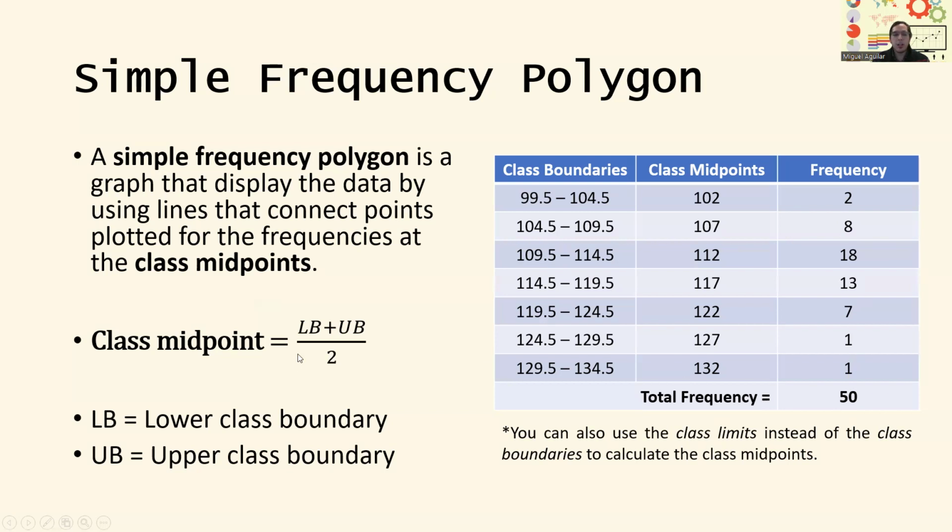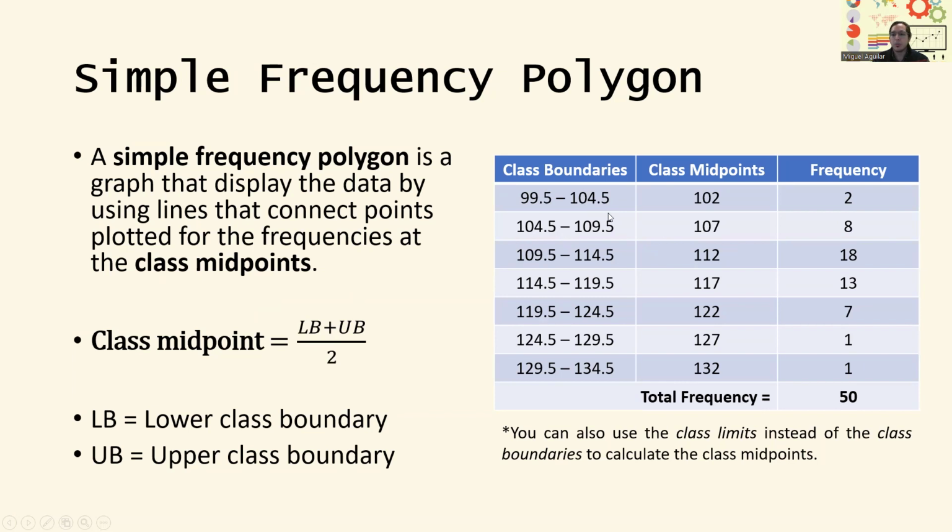Okay, so how do I calculate class midpoints? Well, it's very simple to do. You just need to add up the lower class boundary and the upper class boundary for any of your classes, and then divide that number by 2. So for instance, if we look at this first class we have here, 99.5 plus 104.5, and divide that number, whatever it is, by 2, you should get 107.